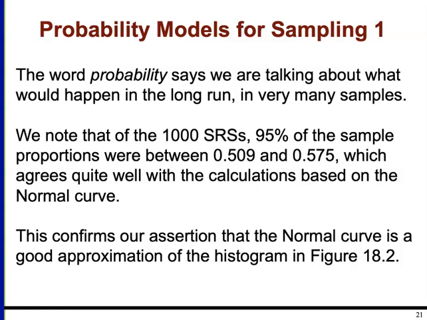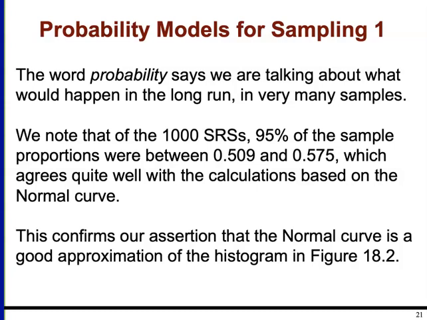Even when we did those 1,000 simple random samples, that still wasn't very, very many. Now, it did give us something very close to what we would have in that infinite example. From our 1,000 samples, we did see that 95% were between 0.509 and 0.575, which was awfully close to what our idealized version said. So 1,000 samples gets us really close.